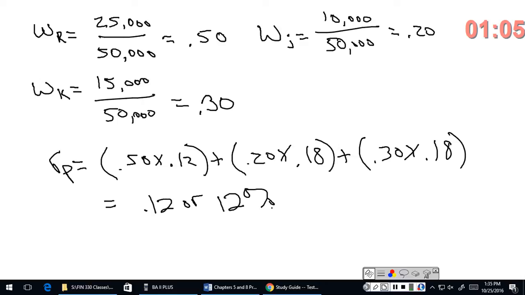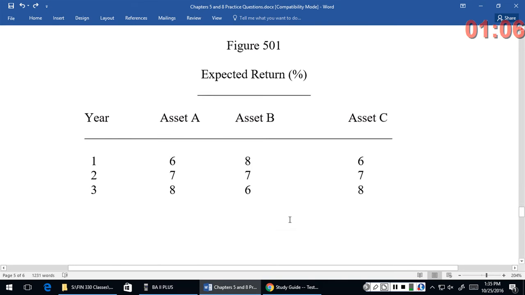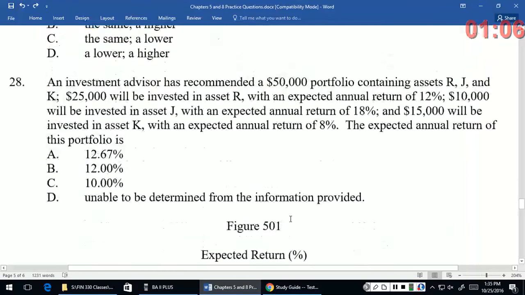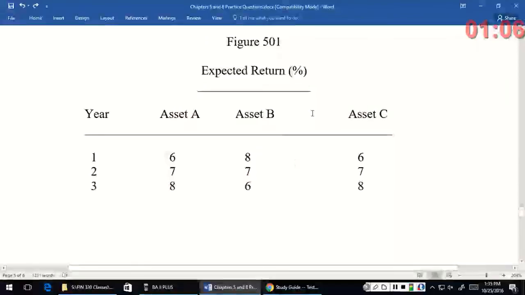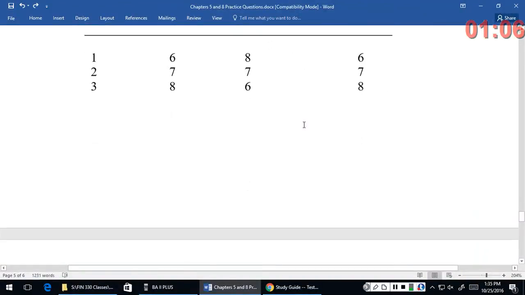And if you see something like this on the test, you can work through it with no problem. Yes? Okay. You don't have to speak, just a head nod's okay. I'll take that at this point. All right, let's get the rest of these knocked out. So that was 28. This table actually goes to the problem on the next page.